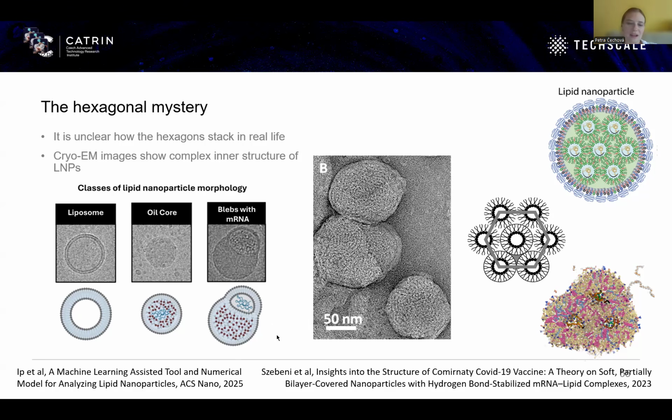These are, by the way, one of the most recent pictures of the inner structure of a lipid nanoparticle. The resolution here is slightly better than it was a couple of years ago, but we're still not there. We're still not completely certain what is going on inside.